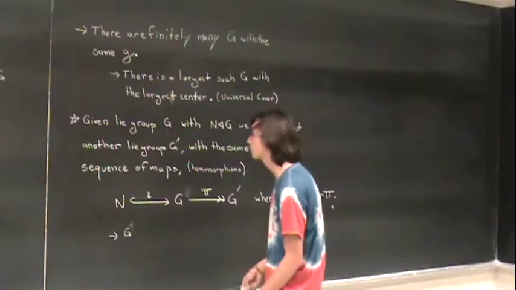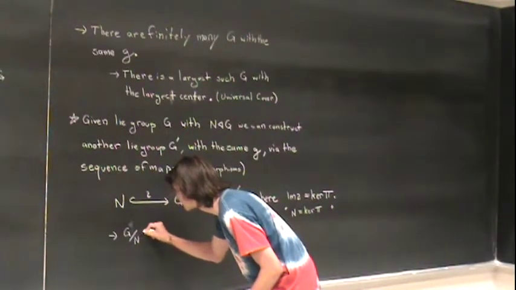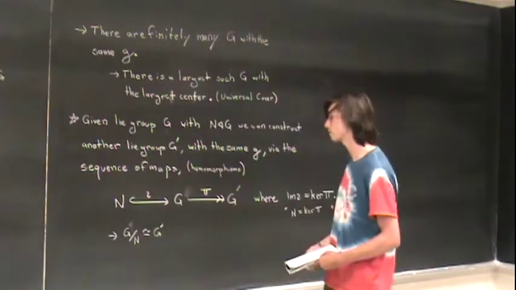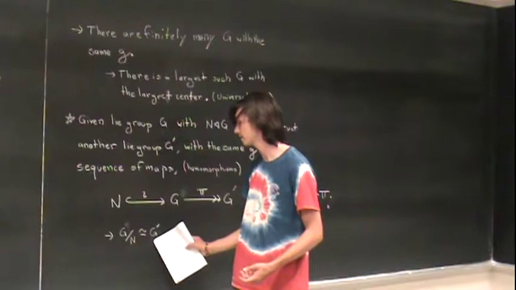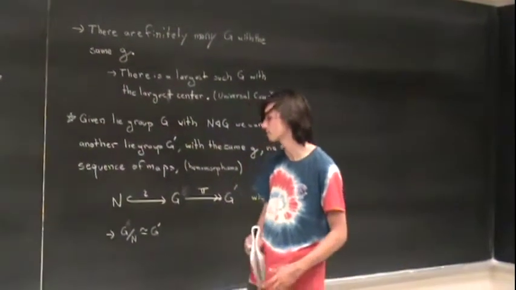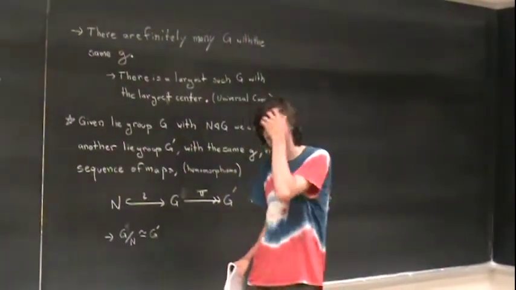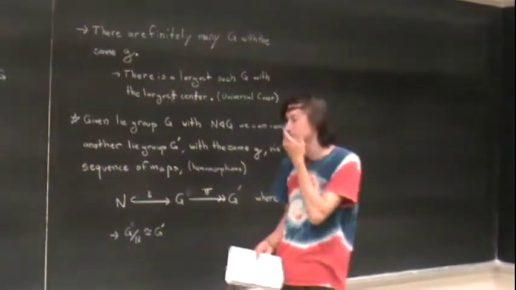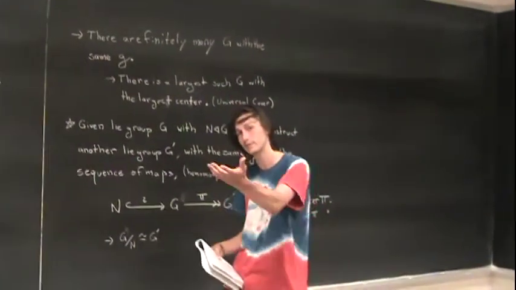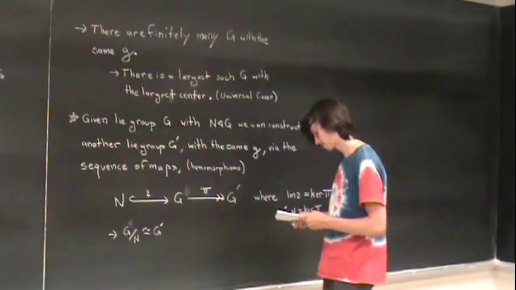So what we find is actually that G mod N is isomorphic to G prime. They have isomorphic structure other than the fact that this is the same as G up to the fact that we modded out a few points. And this is something one can use to convince themselves that we have exactly the same Lie algebra, right? Because we really only care about the structure of the group at the identity to determine the Lie algebra.